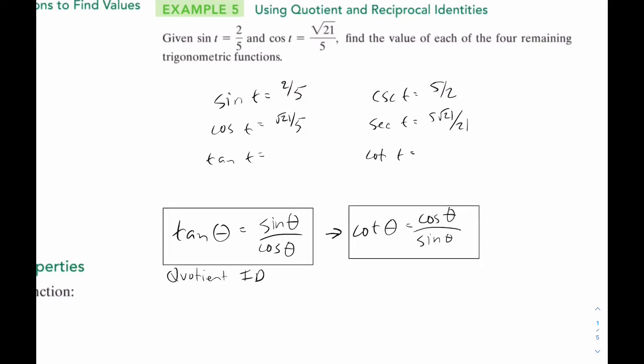So knowing that, we just divide these two. That would be 2 over root 21, which is 2 root 21 over 21. And I wrote this out because flipping this is much easier, because that will tell us that cotan is root 21 over 2. And there's our values.